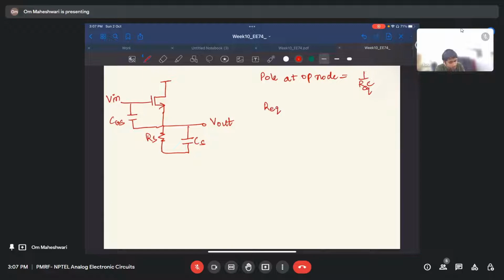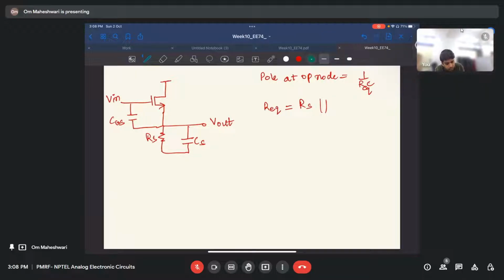Let's say R equivalent is RS parallel with the impedance here, right? This is the capacitance and there will not be coupling here, but there will be some resistance offered from the source terminal also. So the output impedance here will be the parallel of RS and that parallel source resistance.